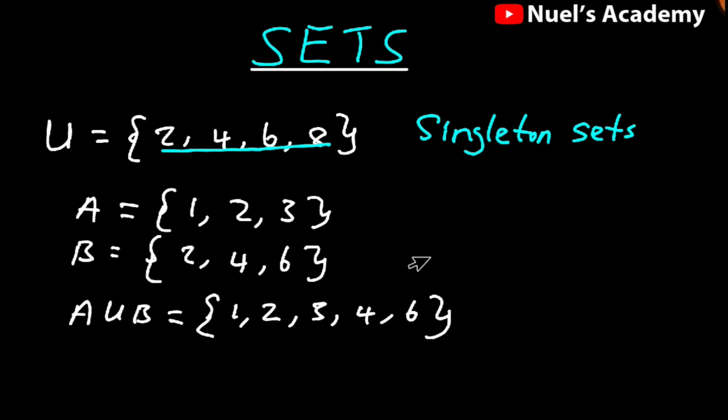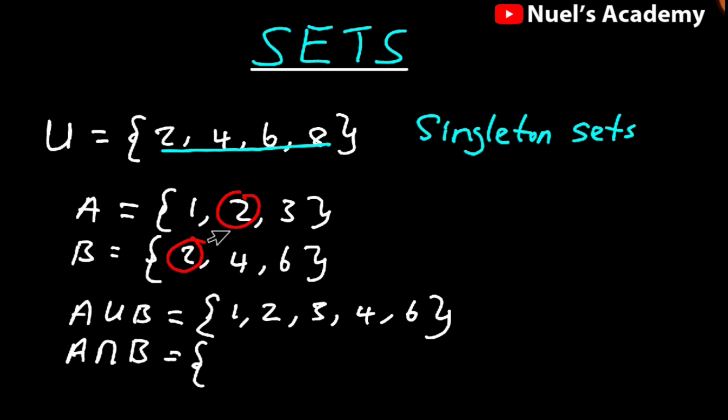Now what about intersection of sets? Also given these two sets, the intersection of sets is denoted by ∩. So we have A intersection B. This is equal to, you check the elements of set A and the elements of set B. Do the two sets have anything in common? If you look at set A, we have 2 here, and set B also has 2 here.